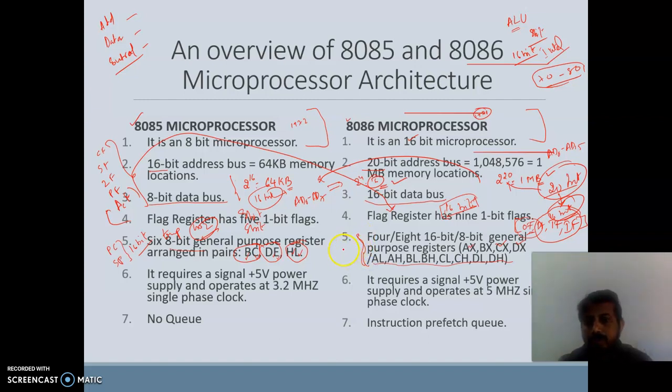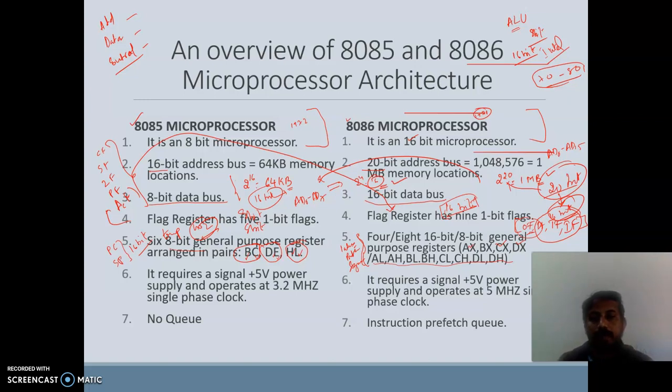We'll have a separate topic on register organization of 8086. There you will have index registers, pointer registers, and segment registers, obviously the flag register and all these general purpose registers. All these registers comprise a very beautiful register organization in 8086.